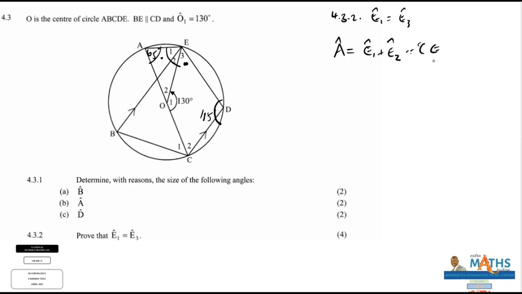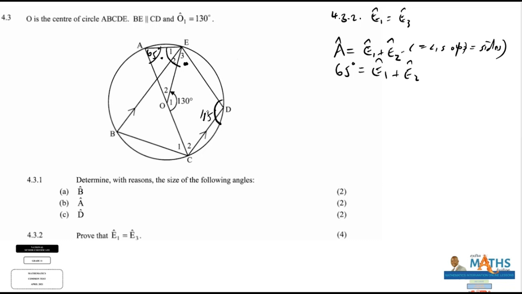Equal angles opposite equal sides. It means we have 65 degrees.